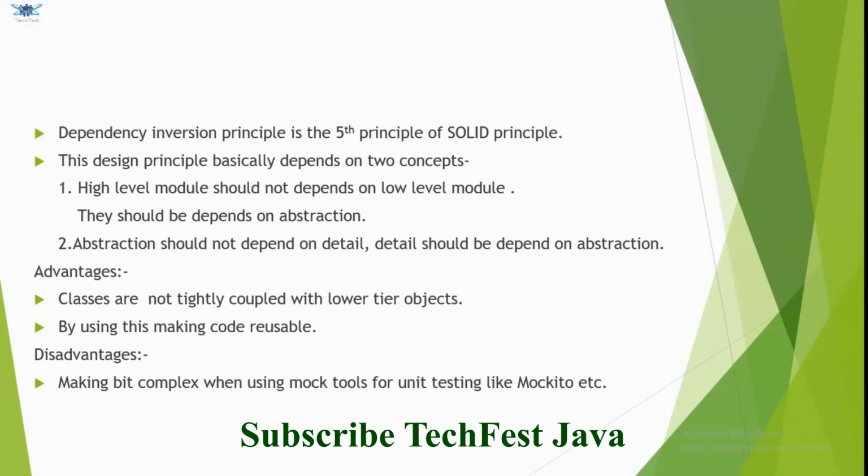Suppose we have a class A, and there is one method in class A, doCalculations, and there is also a class B whose reference is present in class A. So whenever we are writing a test case for the doCalculations method, we have to create an object of class A. While making an object of class A, we need a reference of class B also.